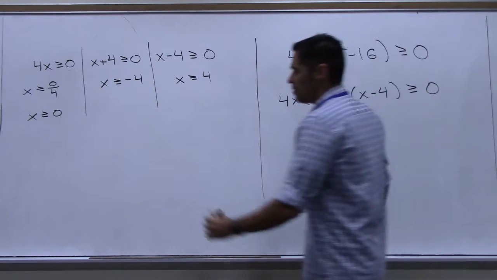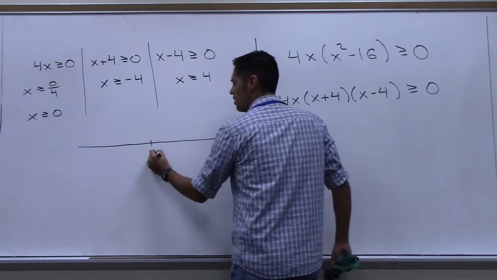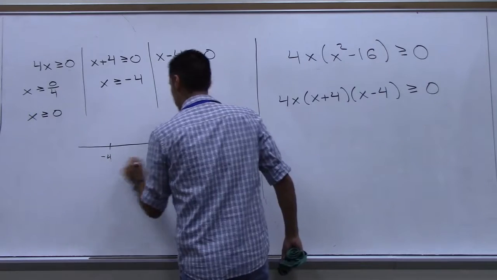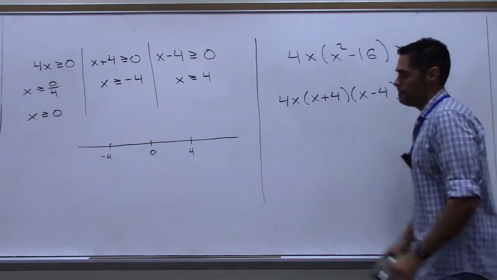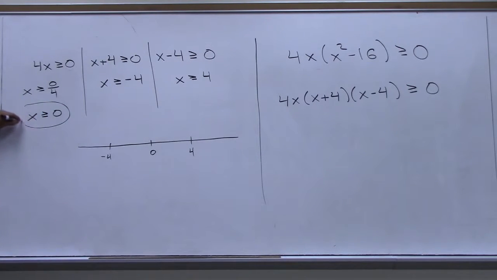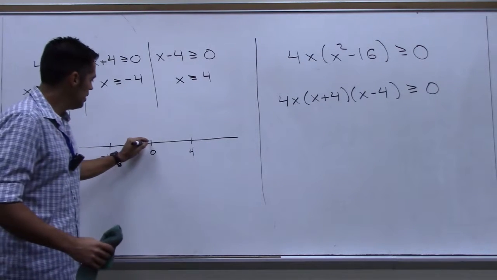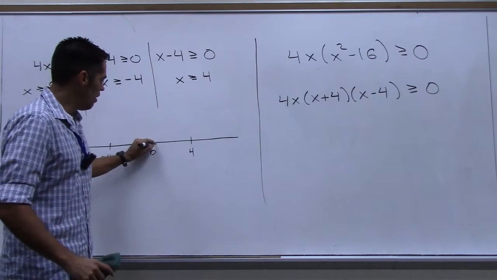Okay, now let's draw a number line. Let's put these points here. According to this statement, our answers have to be 0 or bigger than 0, correct? Which would mean anything from here, including the point, so I'm putting a dot, all the way out forever.